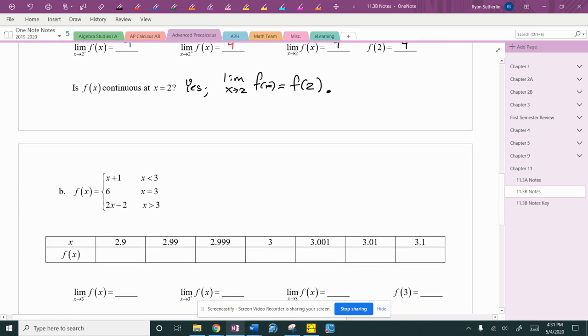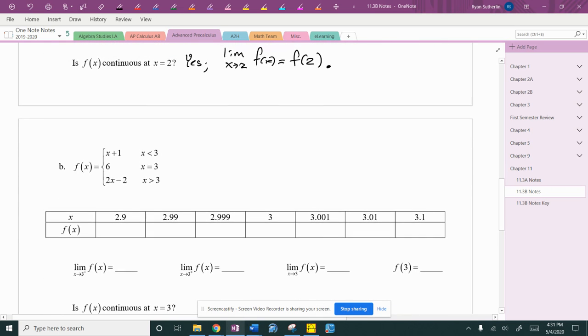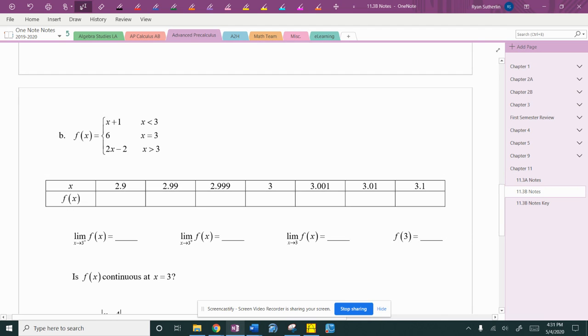All right, let's take a look at this next piecewise function. So for this one, when x is less than 3, I'm just going to plug into x plus 1. So that would be 3.9, 3.99, 3.999. Now, when x is 3, it says the value is 6.